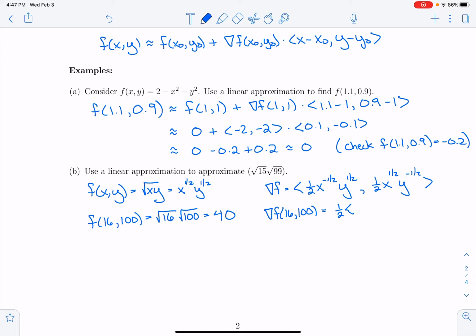That first term is going to be the square root of 100 divided by the square root of 16, so that's going to be 10/4. And then the second one is going to be the square root of 16 over the square root of 100. So that's going to be 4/10.